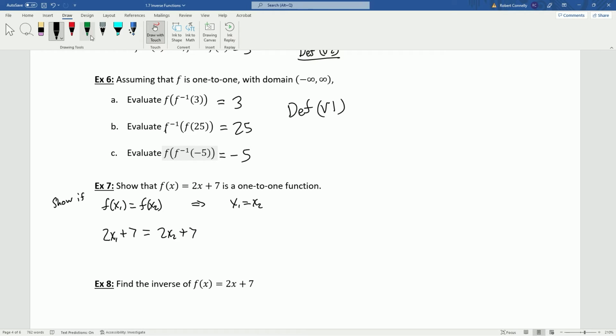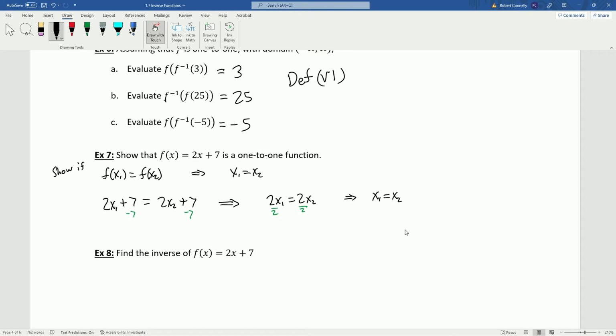If I subtract 7 from both sides, that gives me 2x1 equals 2x2. If I divide both sides by 2, that gives me x1 equals x2, which is exactly what I want. So yes, this is one-to-one. And that's just the definition of being one-to-one.